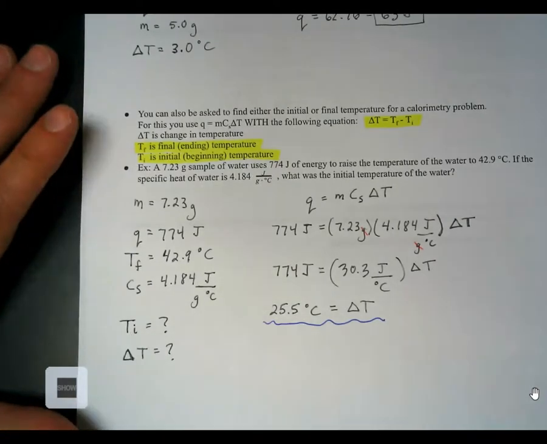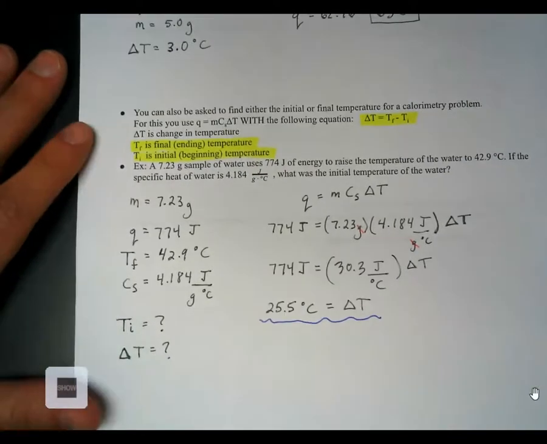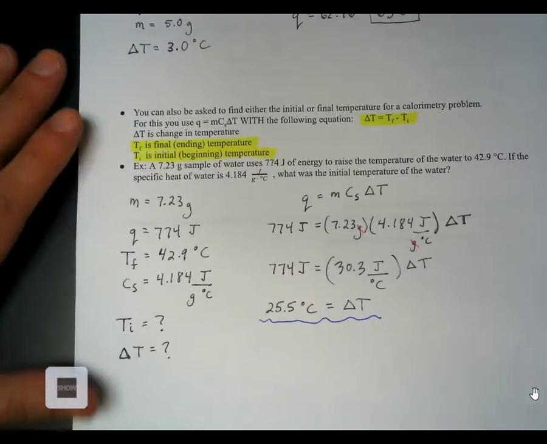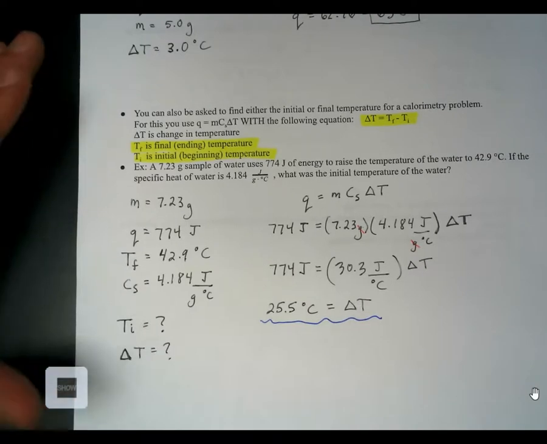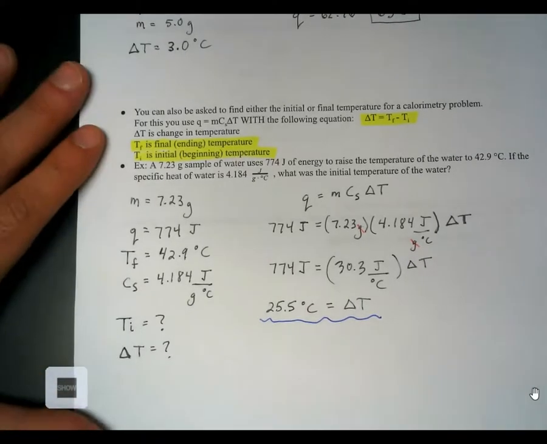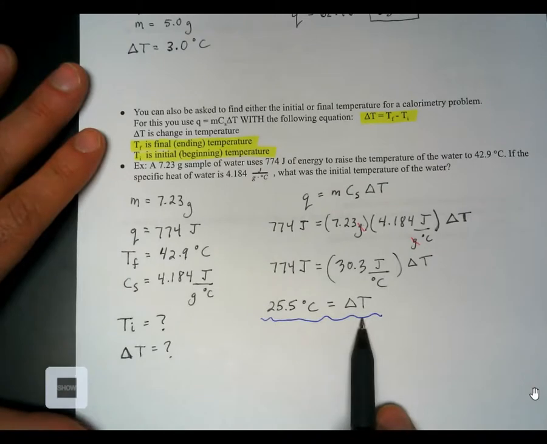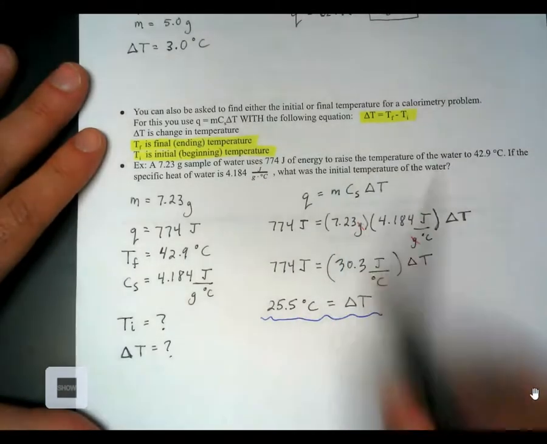So basically, this is like one of those algebra problems where you have two variables, and you solve for X, and you plug it into something else to get Y. Like you plug X in. That's kind of what you're doing here. So we're taking this and plugging it into this.